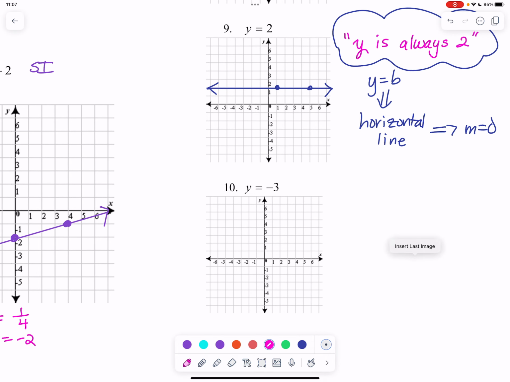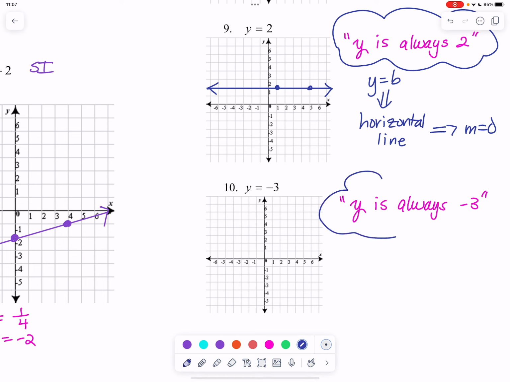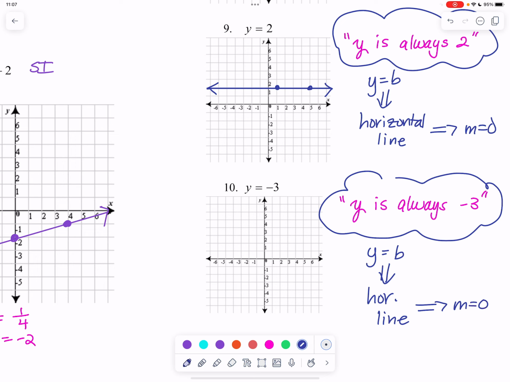Likewise, we have y is always negative 3. And again, we have y equals a number. That leads us to a horizontal line. And we know that that line has slope of 0.